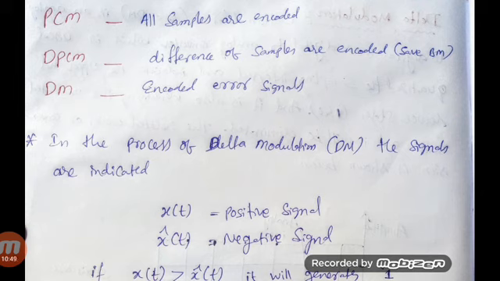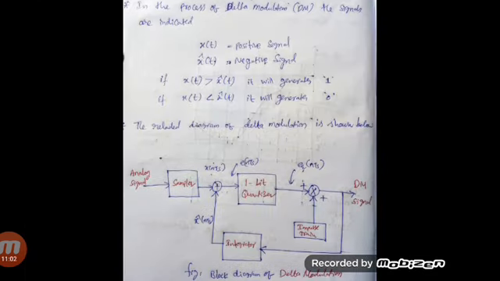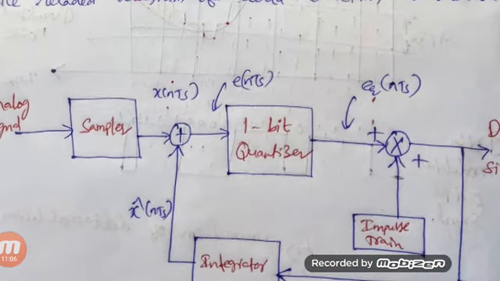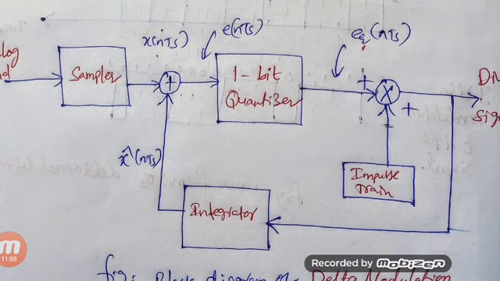It is easy to transmit, easy to communicate, and easy to convert the data information from one device to another. So this is the block diagram. In this block diagram we are also using some errors and integrators to convert the information into different forms.